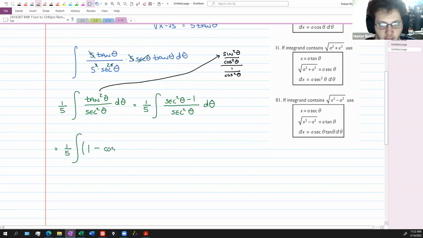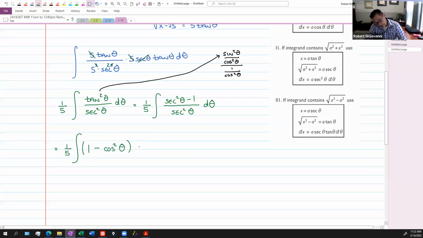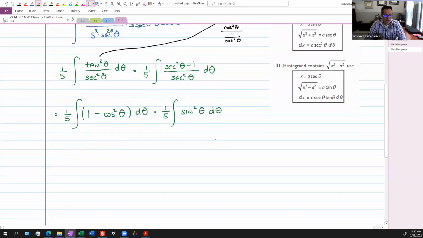So this is cosine squared theta, d theta. And everyone here should recognize that 1 minus cosine squared is sine squared. Pythagorean identity. Questions on that? 1 over secant squared, that's where I get the cosine squared from.